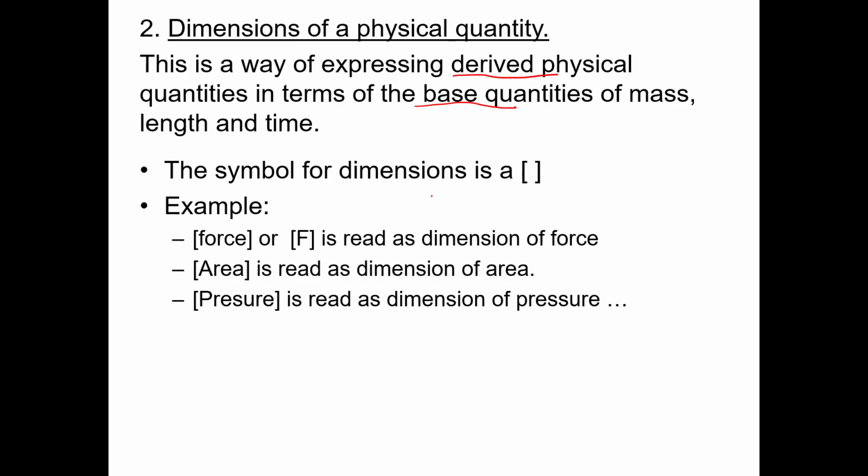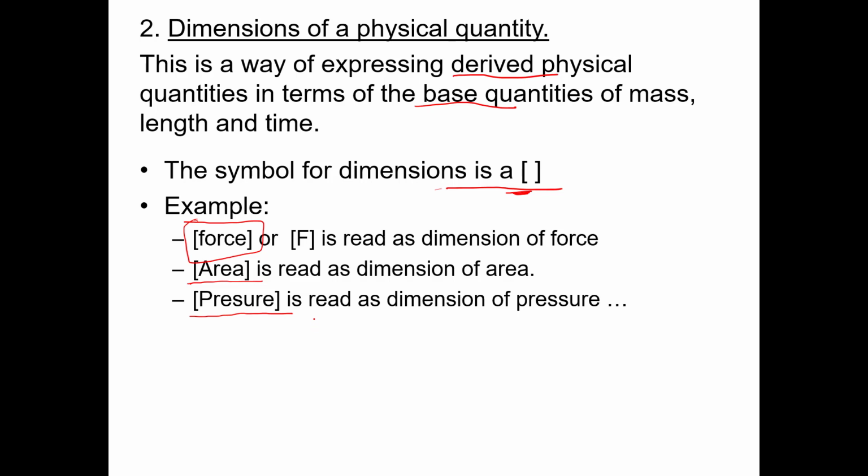And the symbol for dimensions of a physical quantity is this kind of bracket here, not any other bracket. Whenever I see something like this, it is read as the dimensions of force, dimensions of area, dimensions of pressure, and very many others.